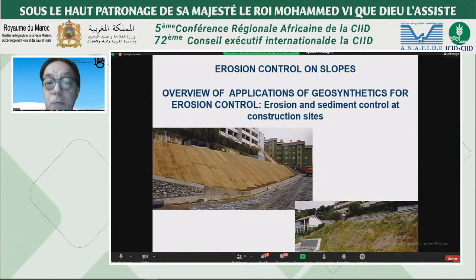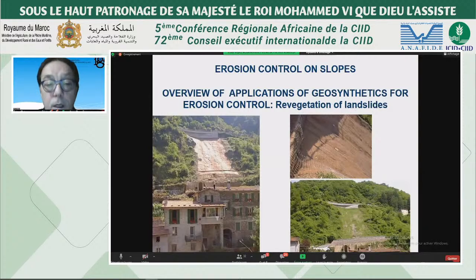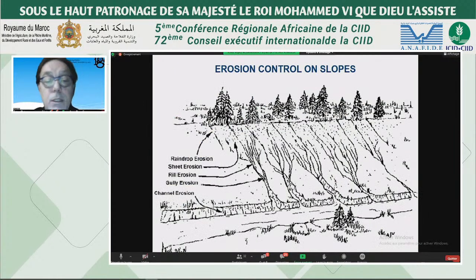D'autres applications peuvent être pour le contrôle des sédimentations, utilisées pour des applications temporaires avec des bioproduits sur des sites de construction, par exemple. D'autres applications : la revégétation des pentes nécessite très souvent, dans ce type de situation, le renforcement des géomates pour avoir une meilleure résistance.